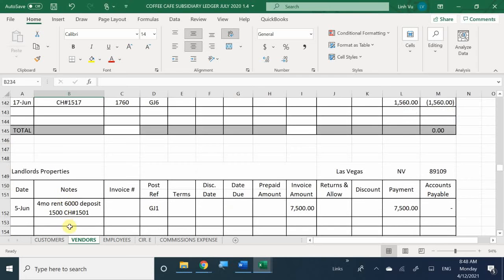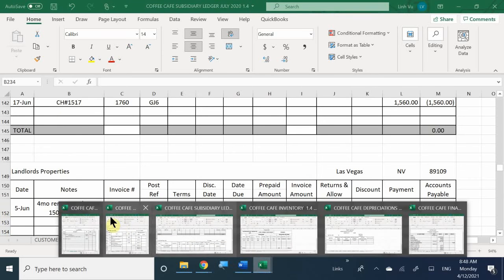Here we are, landlord's properties. How much is it per month for rent? $1,500. It is $1,500 for every month of rent.